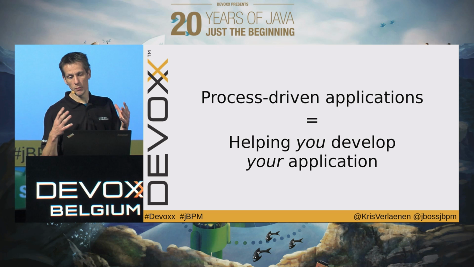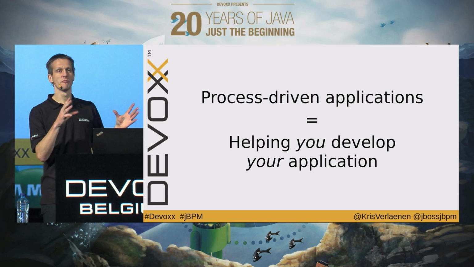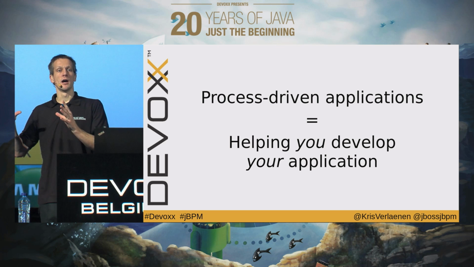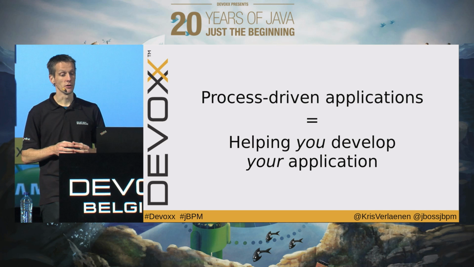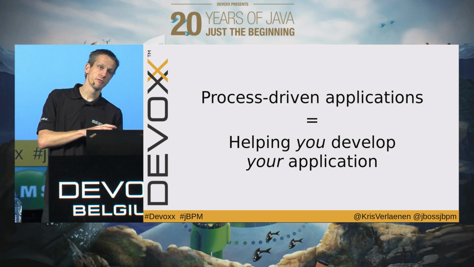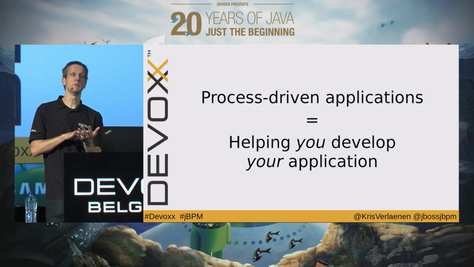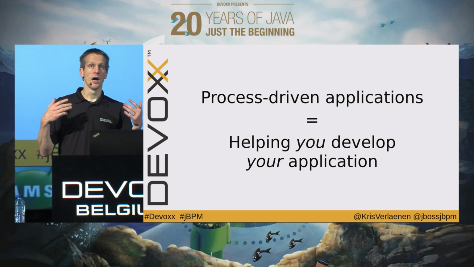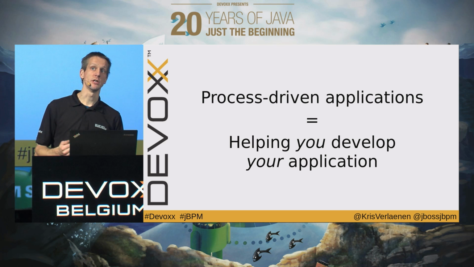And in the past, I think BPM might have been more focused on just the technology itself and less on helping you solve exactly the problem that you wanted to solve. So process-driven application looks slightly different at how you use BPM and tries to help you develop your application. And I'll explain why in the last few years we've evolved to something where we believe we can actually start doing this now.